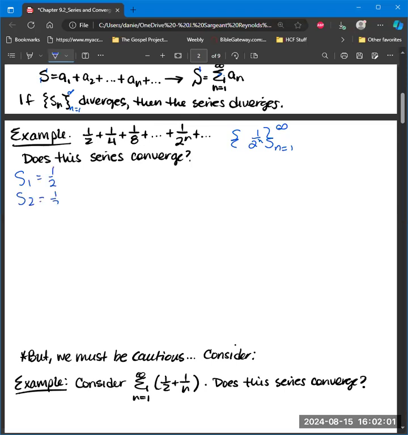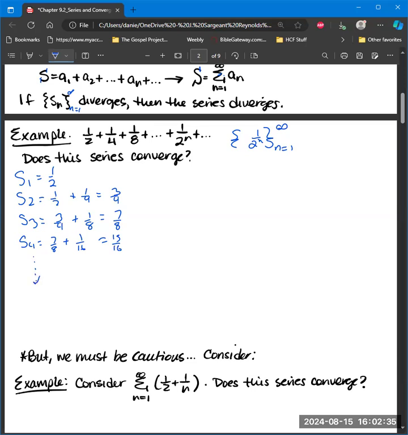S2 equals 1/2 plus 1/4, which is equal to 3/4. S3 is equal to 3/4 plus 1/8, which is equal to 7/8. S4 is equal to 7/8 plus 1/16, which is equal to 15/16. Dot, dot, dot.